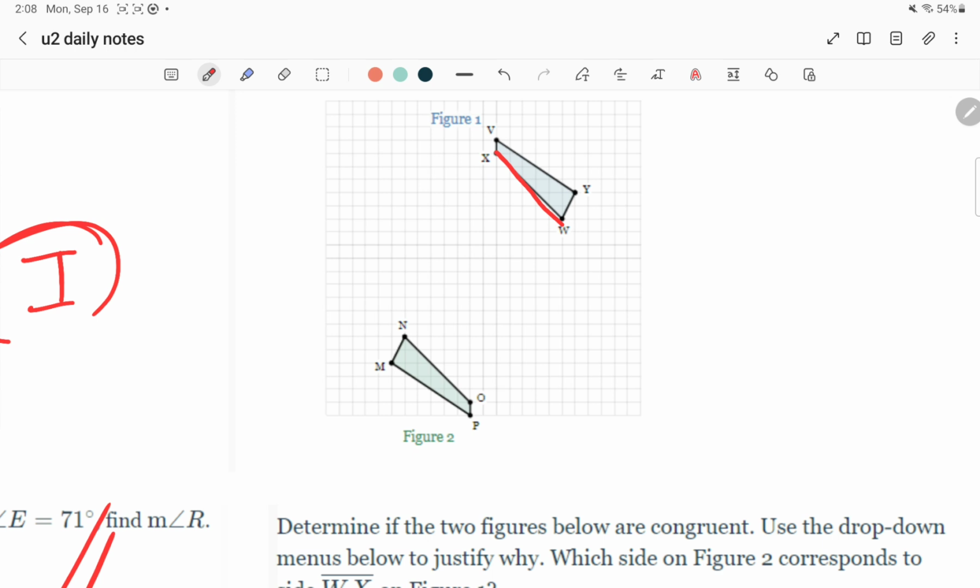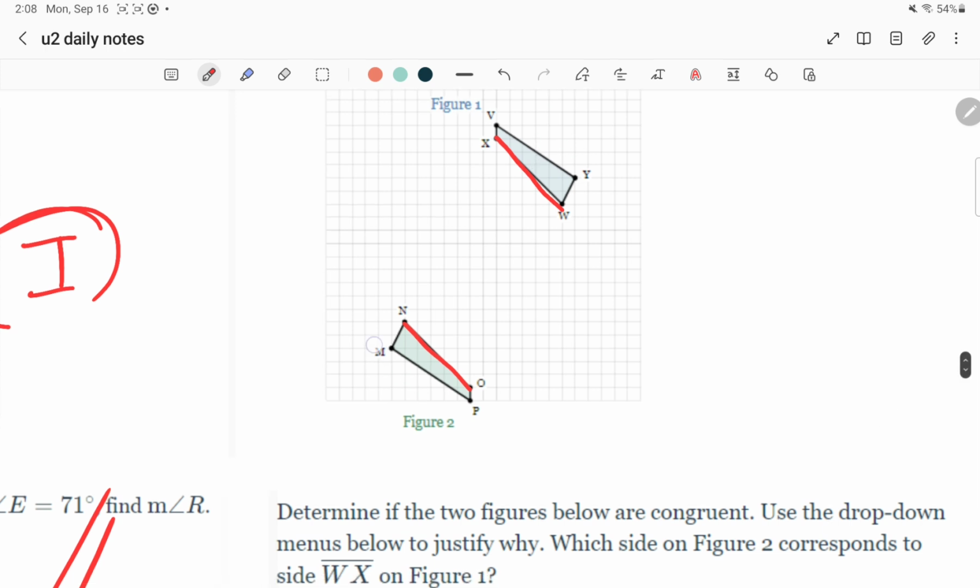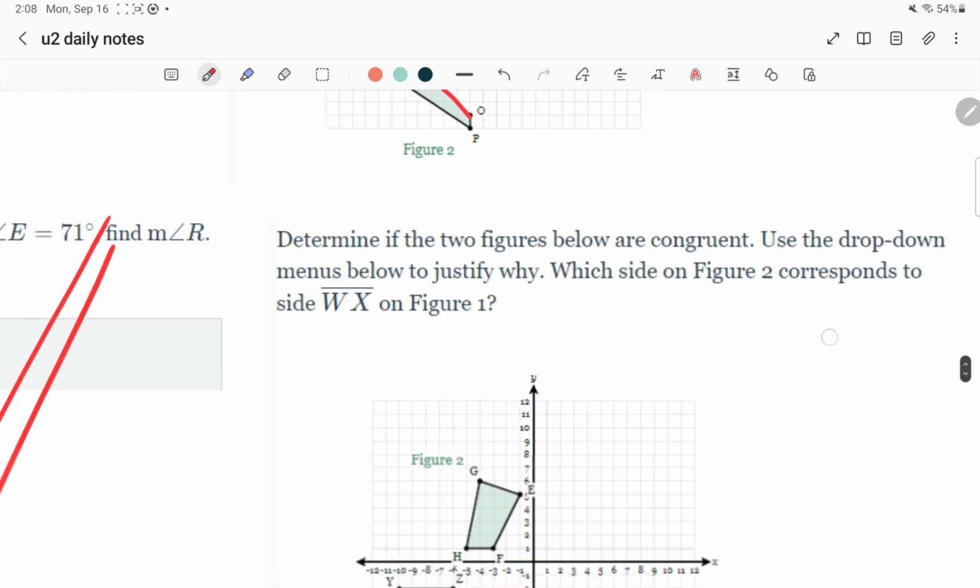I see that XW has the exact same slant as N to O. And I also see that XW is the shorter, longer side. So VY would end up going with M and P because they're the longest. So N and O would have to be the one corresponding with XW.